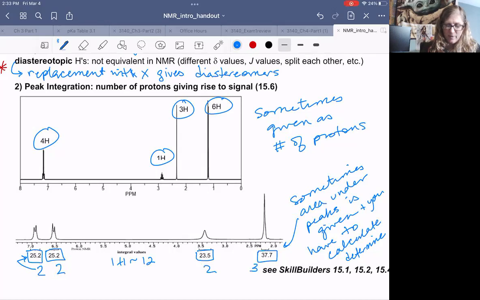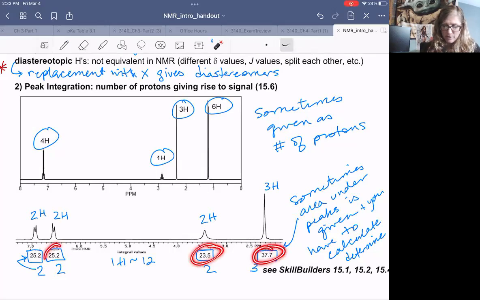So from that, we could on our own determine that these two peaks around 7 and 6.5 correspond to 2 hydrogens, 2 protons. The one here is 2 protons, and this last one is 3 protons. So we want to get some practice in working with these ratios if we're given those instead of the discrete numbers.